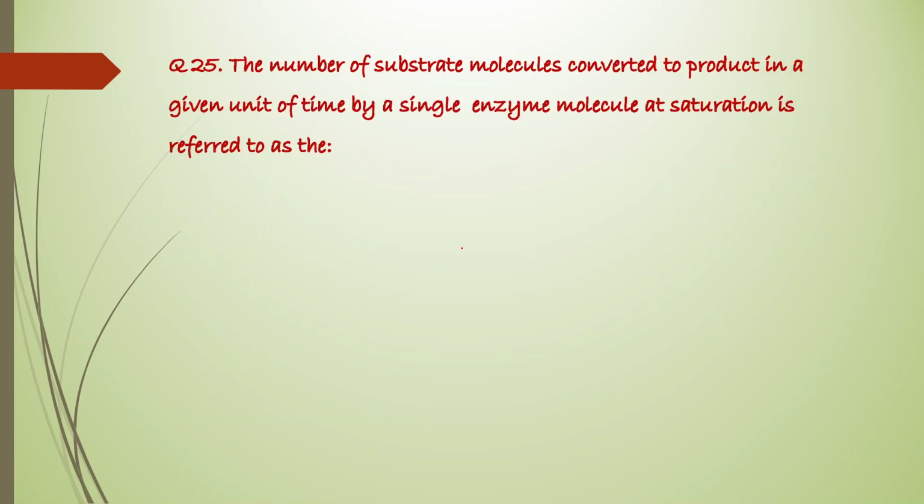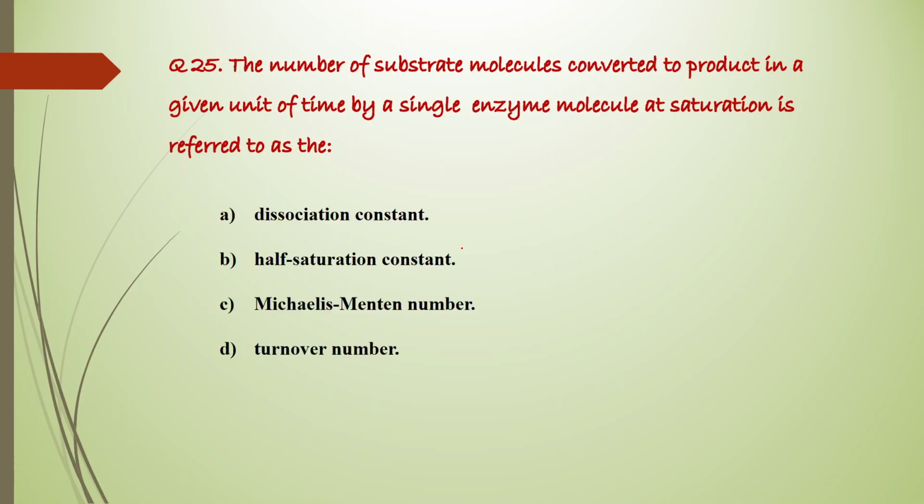Moving to the next one, it states, the number of substrate molecules converted to product in a given unit of time by a single enzyme molecule at saturation is referred to as what? I am just directly showing you the answer because a similar question we have discussed in the last session.